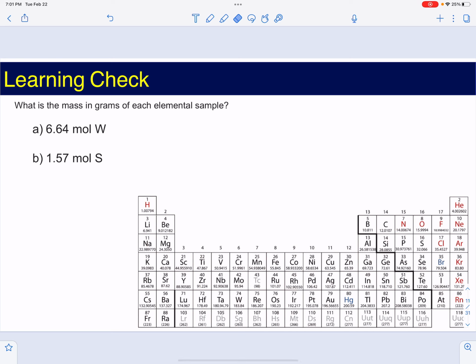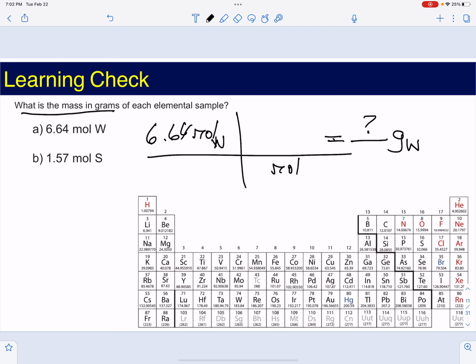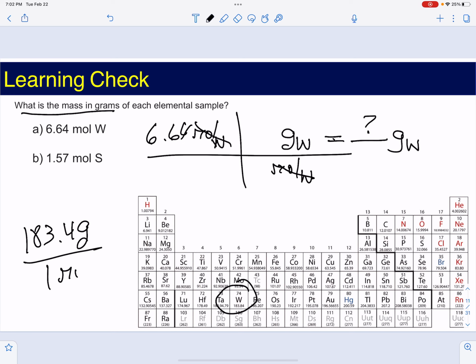So what is the mass in grams? So we're looking for grams. That's what it's asking. It's asking from grams on the first one, tungsten, W, given 6.64 moles of tungsten, which tells me I do not want the moles of tungsten because I'm looking for the grams of tungsten, and that's going to be right there, number 74, which is 183.4 grams for every 1 mole.